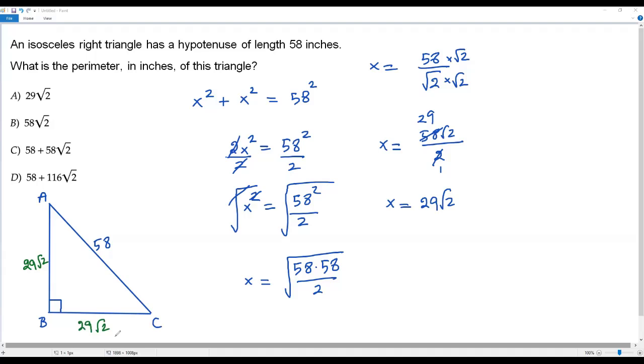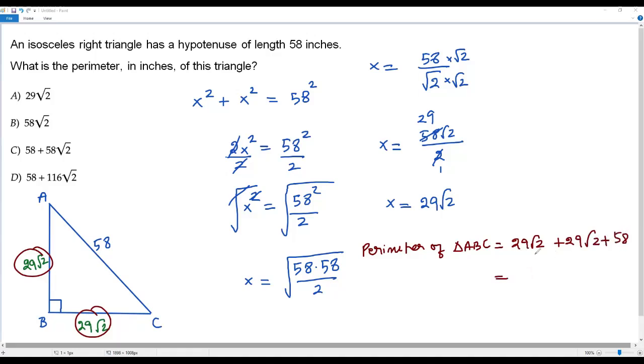Now I know the lengths of all three sides of the given isosceles right triangle. I can find the perimeter now. Let me write it. The perimeter of triangle ABC equals, I just have to add the lengths of the three sides. So let me add 29 square root of 2, this length, and this length 29 times square root of 2, plus 58.